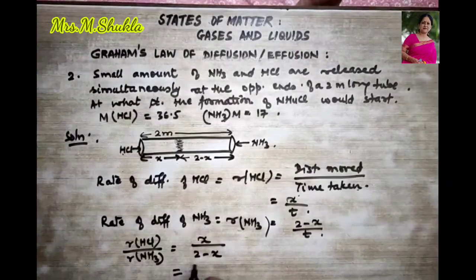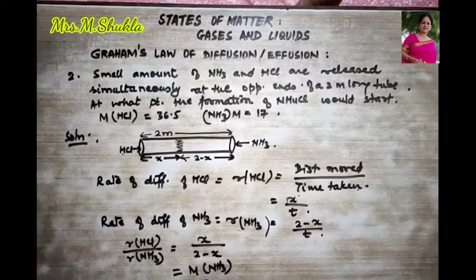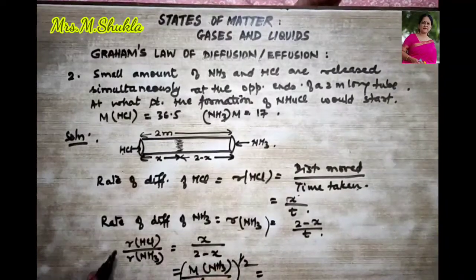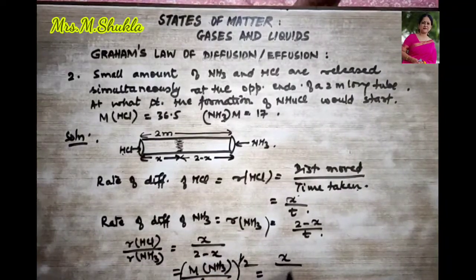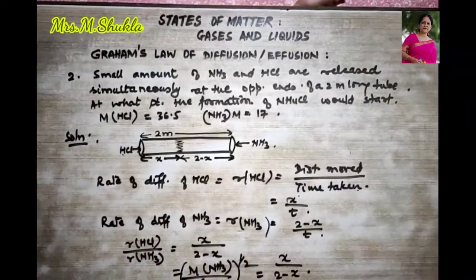Now this is equal to the molecular mass of NH3 upon the molecular mass of HCl, whole under the square root, that is, to the power half. So this is equal to x upon 2 minus x. What is the molecular mass of ammonia that was given to you?